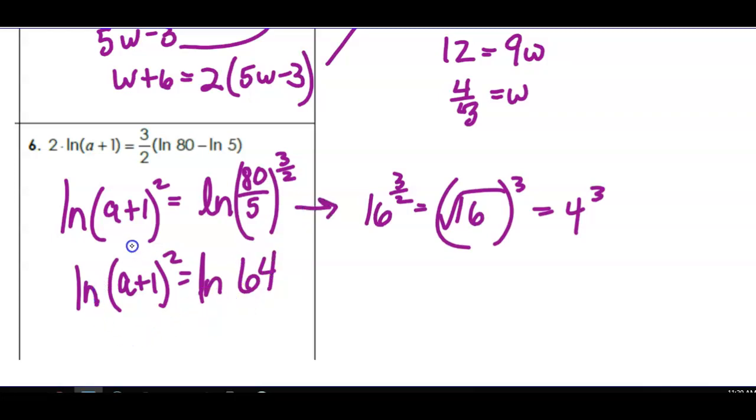So now I have a single log. I can get rid of this. And actually, you could square root both sides here.